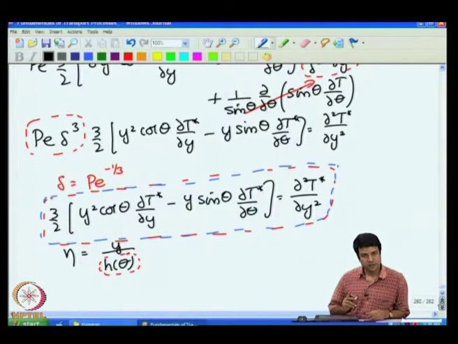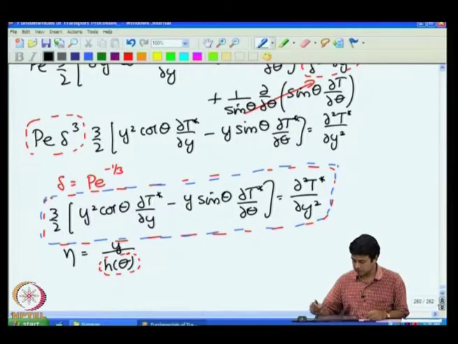If I change this function by a constant factor, then the result for the temperature field in terms of eta will change, but the temperature field in terms of the original variable r will not change, because this is a scaling that I am using in order to get a reduced variable. So, I can choose any constant value provided it is negative for this function. So long as I choose a negative constant value, I will always get the same solution.